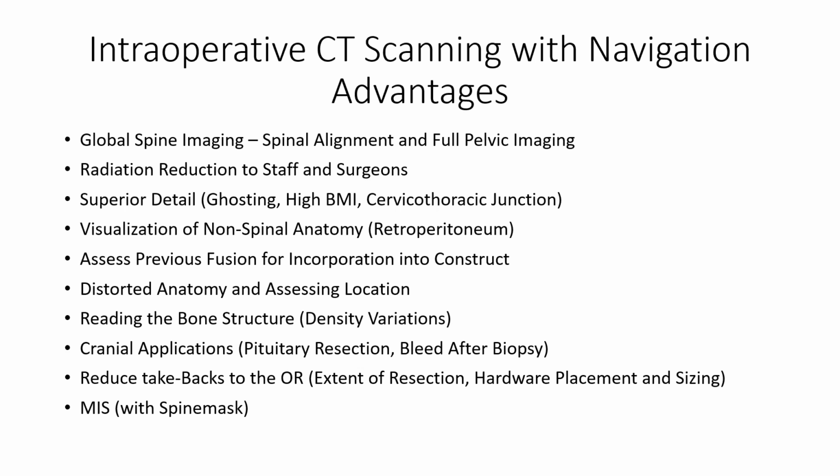So the real advantage of the Body Tom is that it is truly a full CT. And if you want to image the spine in more of a global sense so that you can see things like spinal alignment, you can image the full pelvis all in one field of view, so you can navigate, say, to put in pelvic screws or put in S2 alar iliac screws.